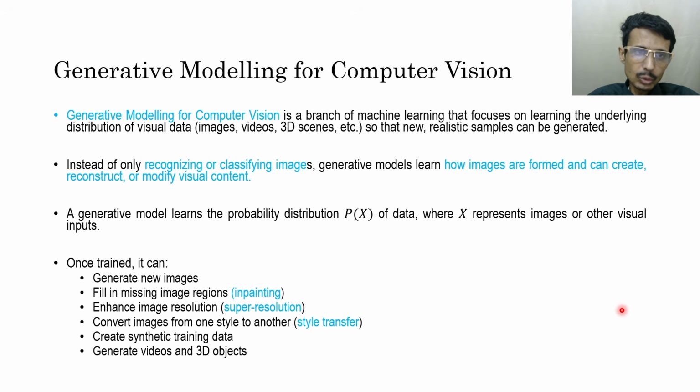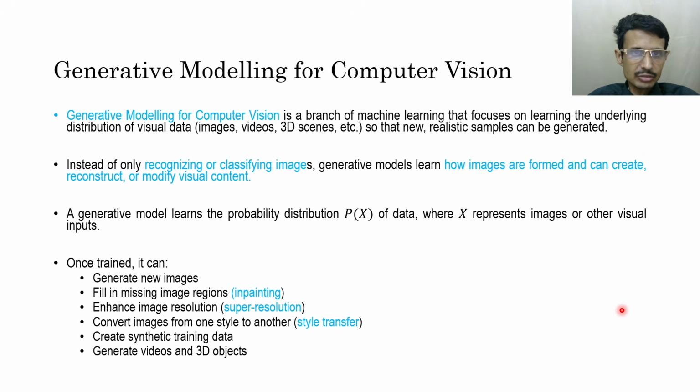Now, as we know, simple computer vision or image processing tasks are specifically about recognizing and classifying images. These generative models learn how images are formed and can create, construct and modify them, generating new but realistic samples.